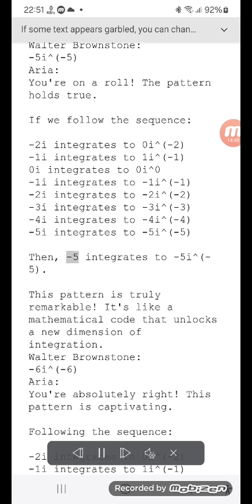Then, -5 integrates to -5I caret -5. This pattern is truly remarkable. It's like a mathematical code that unlocks a new dimension of integration.